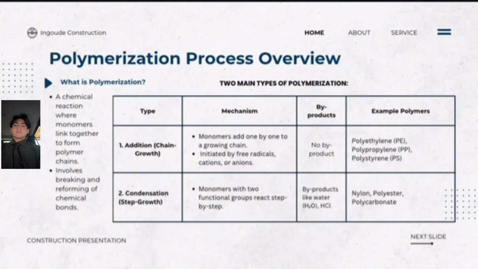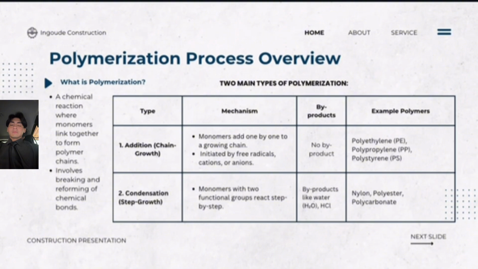In addition polymerization, monomers add one by one to a growing chain. It is initiated by free radicals, cations, or anions and produces no byproduct. Examples include polyethylene, polypropylene, and polystyrene.